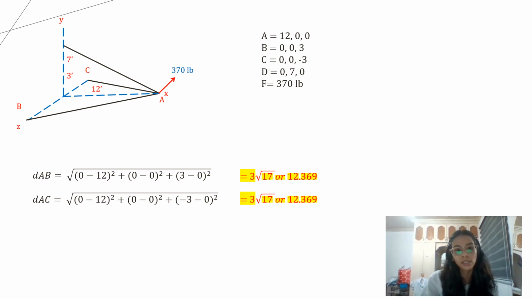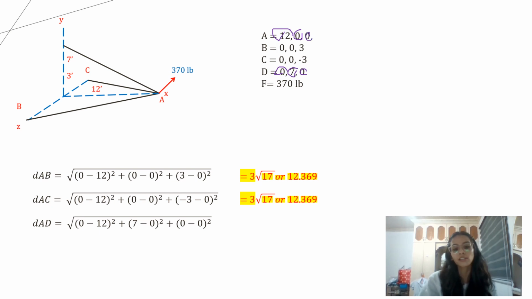So lastly, for our distance AD, we have 0 minus 12 squared plus 7 minus 0 squared plus 0 minus 0 squared. And the answer is the square root of 193, or 13.892.